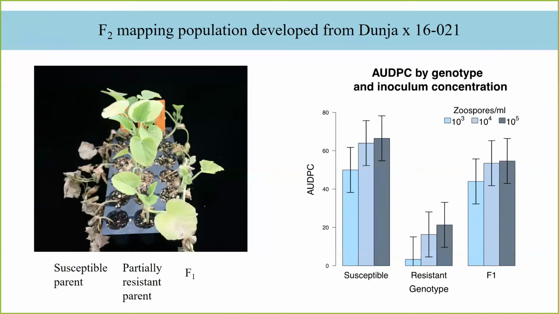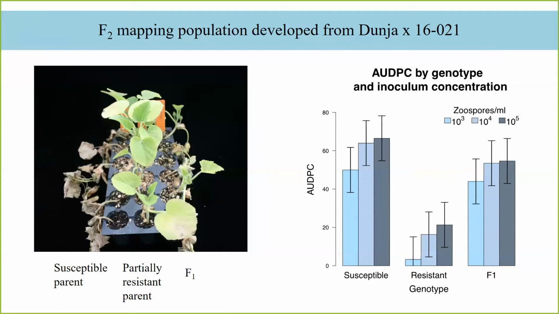The figure on the right shows area under the disease progress curve for the parents and the F1. Area under the disease progress curve is a measurement of disease progression over time, in this case, using measurements of disease incidence every other day for 2 to 3 weeks following inoculation. We can see that the F1 is not intermediate between the parents, but is closer in phenotype to the susceptible parent.